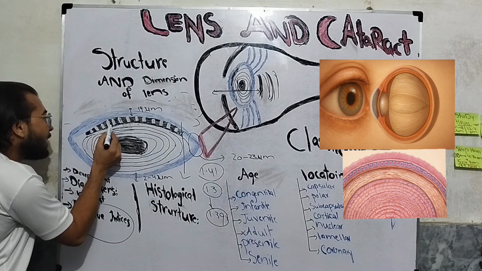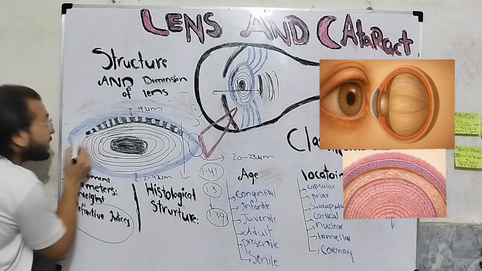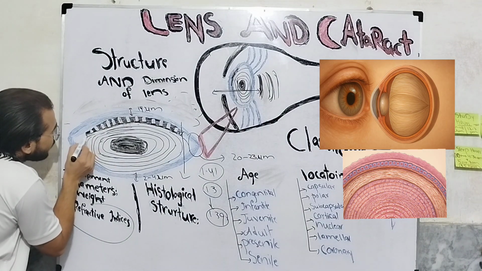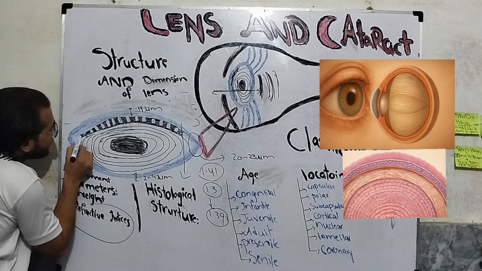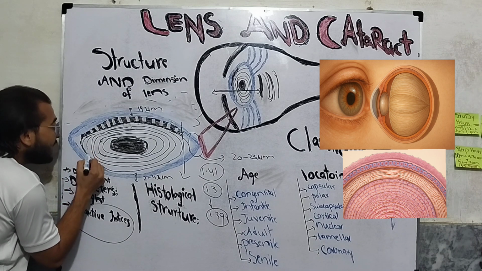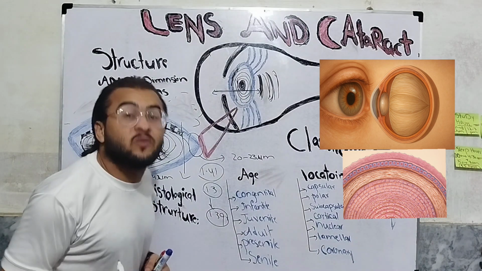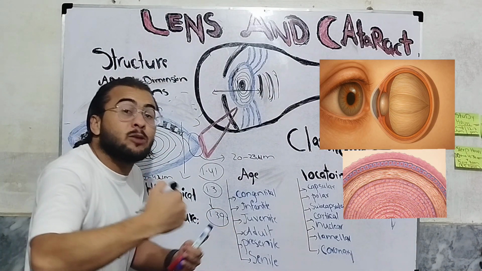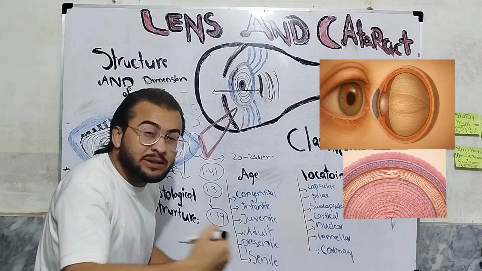When these cuboidal cells come to the periphery, to the equatorial region, they elongate, okay? They elongate and become the lens fiber. So basically these lens fibers are made up of the epithelial cells.